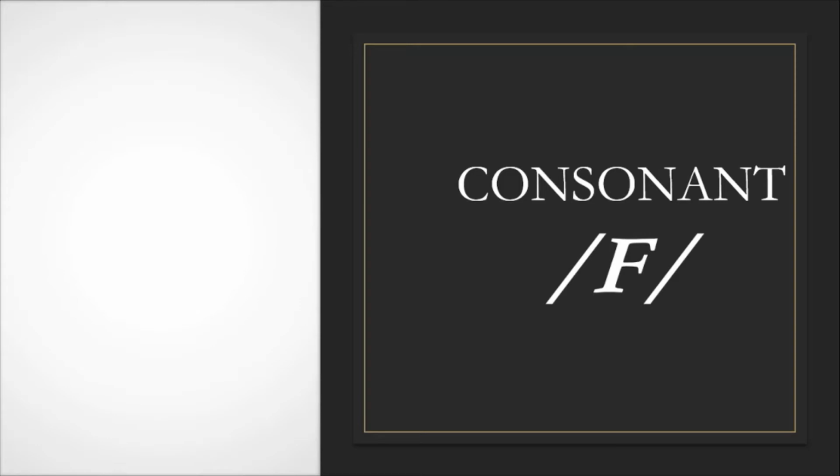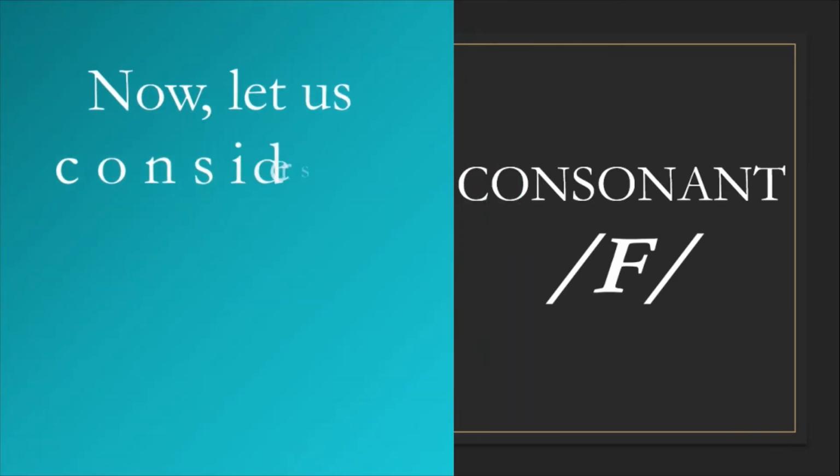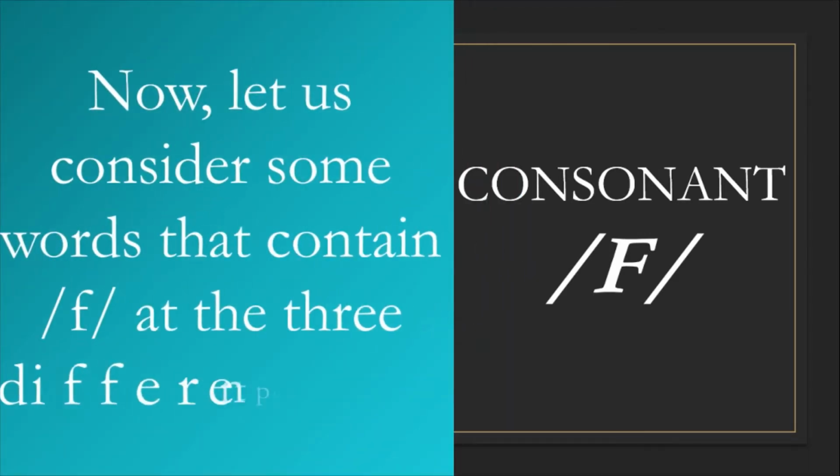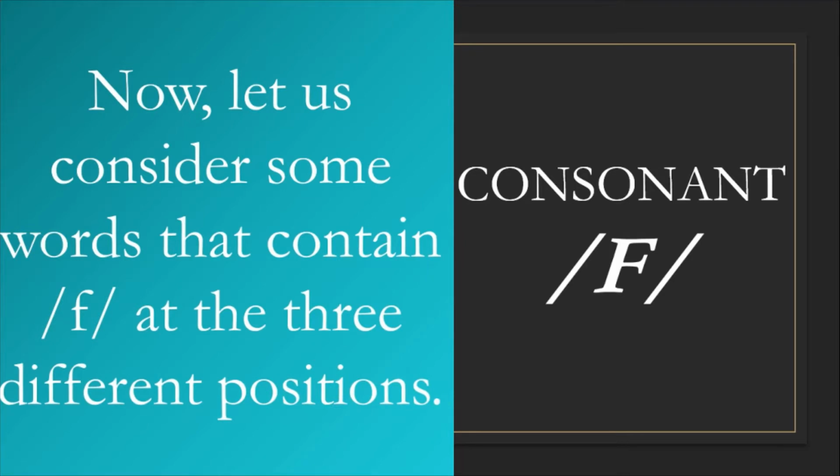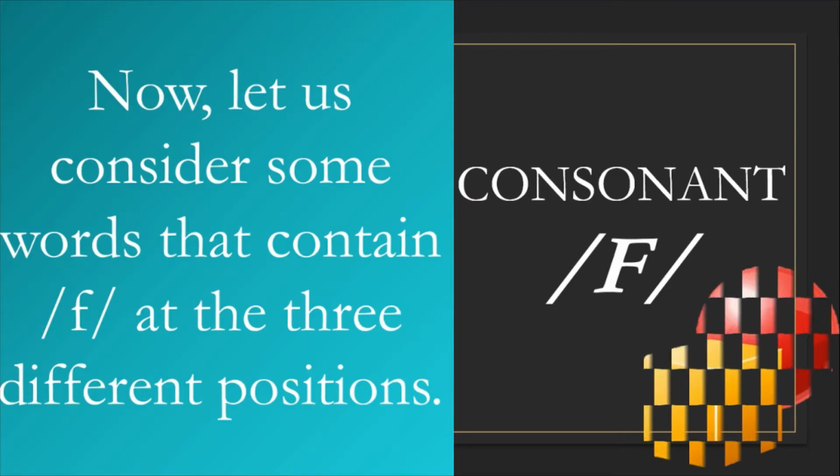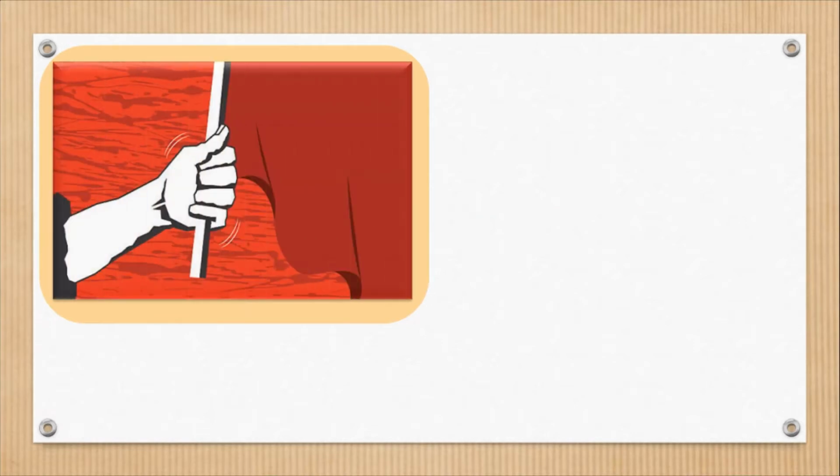Okay, class, follow me as we look at different words that contain the sound at the three different positions that we have discussed, with particular attention focused on where those sounds actually occur. This is the word flag. Flag, at the initial position.